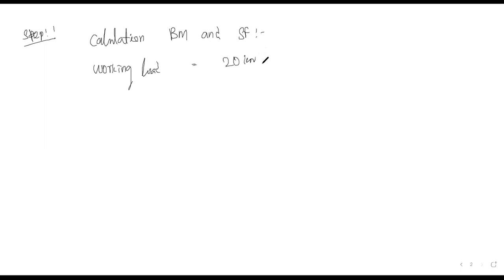Okay. So step 1, calculation of bending moment and shear force. First of all, working load they have given: that is 20 kilonewton per meter plus 40 kilonewton per meter, so that it becomes 60 kilonewton per meter.